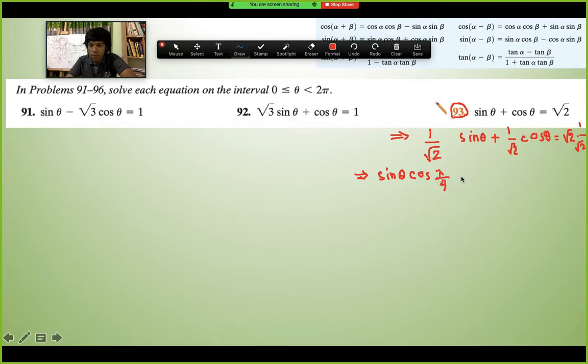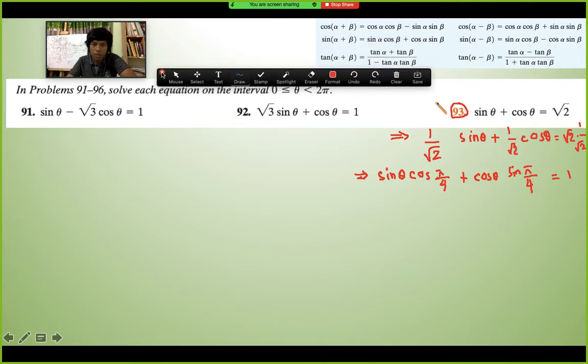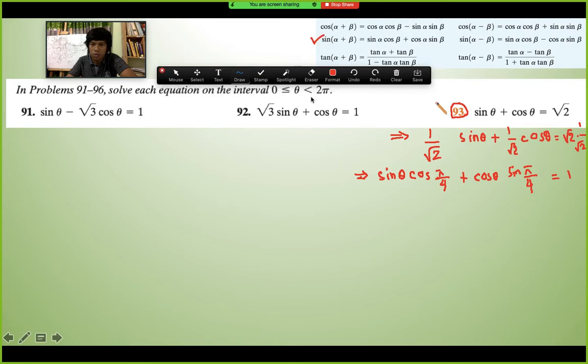And then this is plus cos theta, then this is sine pi by 4. And this side is just only 1. So this equals sine a plus b. This is the sine formula, the first sine formula, sine a plus b, or sine alpha plus beta in this case.